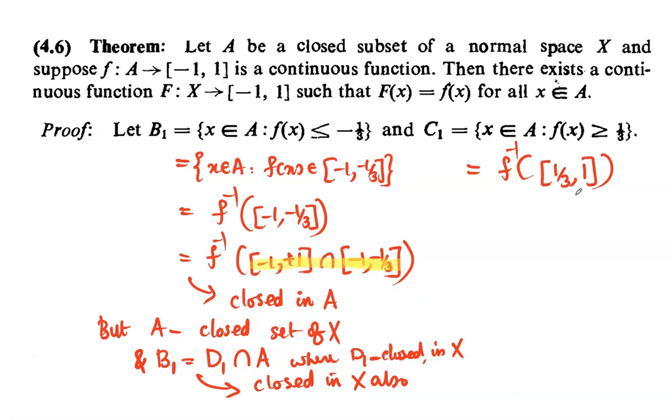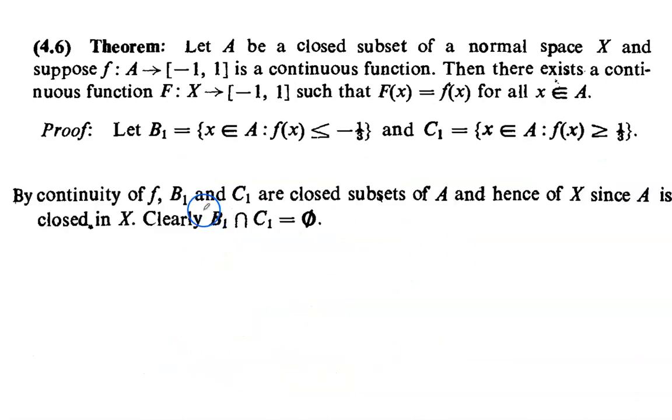And using similar arguments, we can conclude that C1 is a closed subset of the subspace A and of X also. Thus, we have proved that B1 and C1 are closed subsets of A and hence of X, since A is closed in X, and we have also seen that B1 intersection C1 is equal to the empty set.